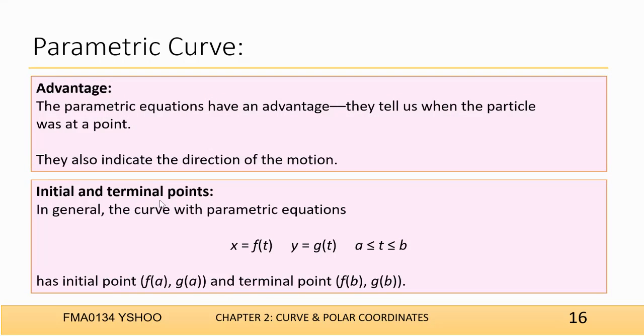Parametric curves tell us when the particle was at a point, and they also indicate the direction of the motion. In general, the curve with parametric equations has an initial point when you substitute a, and a terminal point when you substitute b.